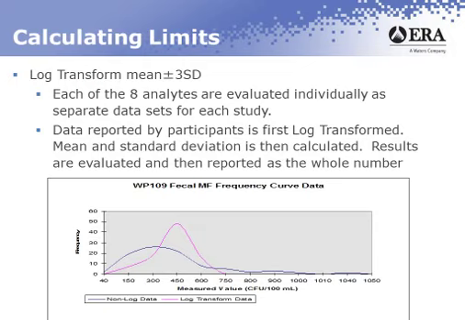Essentially what that means is that all the data reported by the participants needs to first be log transformed. Once you've log transformed the data, you'll calculate the mean, the standard deviation, and then you'll calculate an acceptance interval, plus or minus 3 standard deviations. Then you'll evaluate all of those results, and then they all get converted back to the whole numbers before the reports are sent out to the customers.